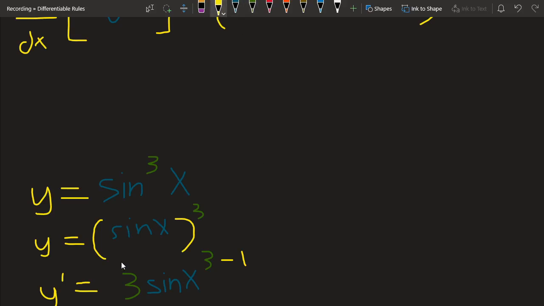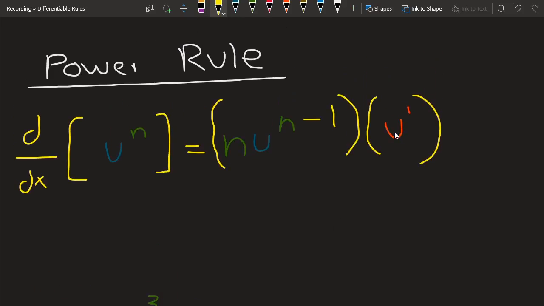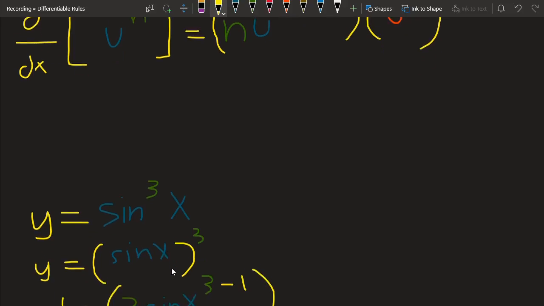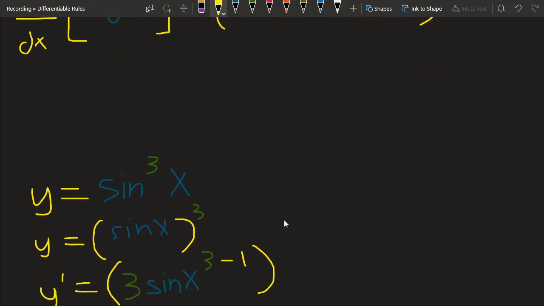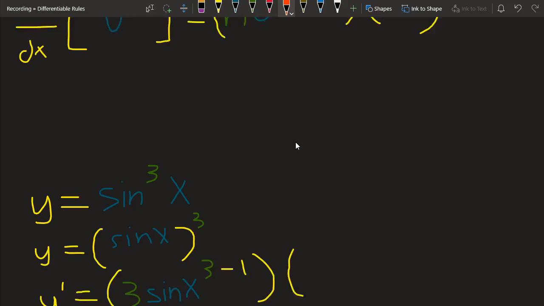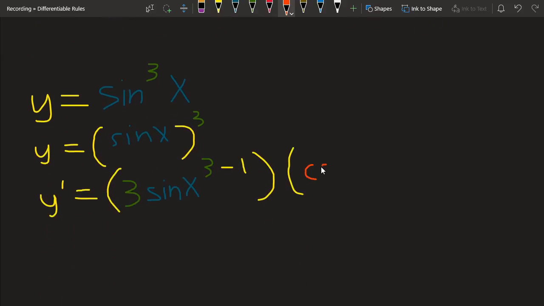This is all multiplied by the derivative of u, and since u is sine of x, the derivative of u is cosine of x. So let's write that in, cosine of x.